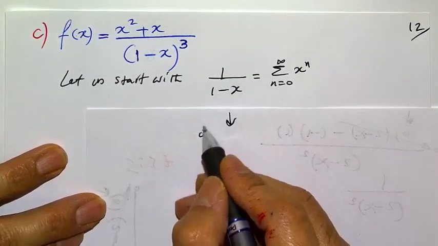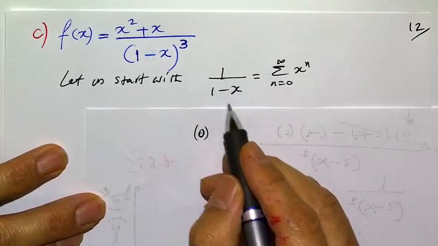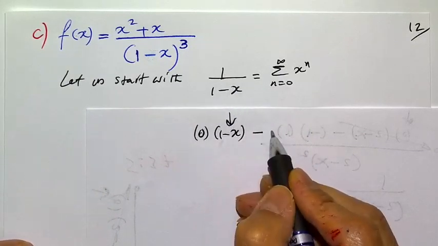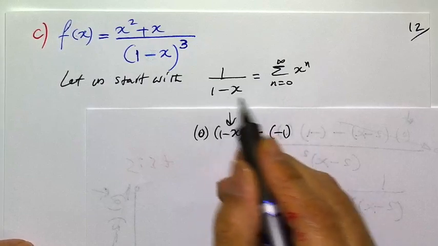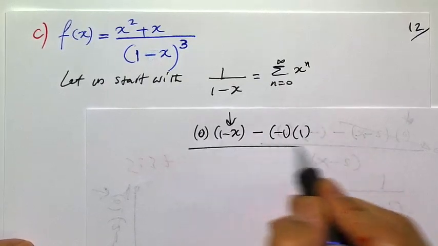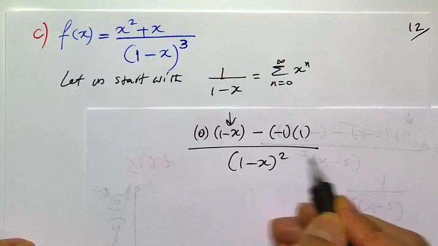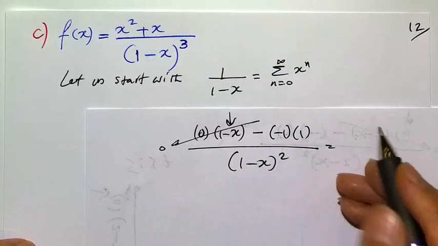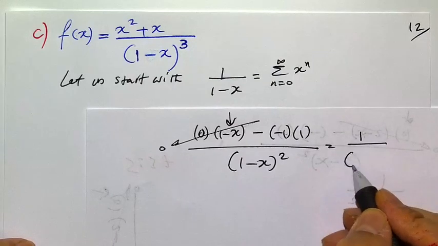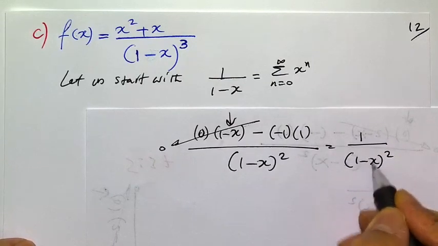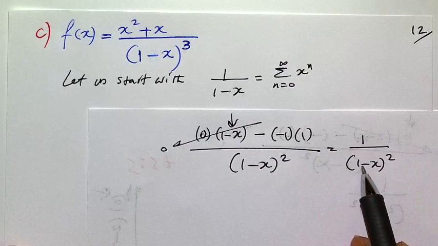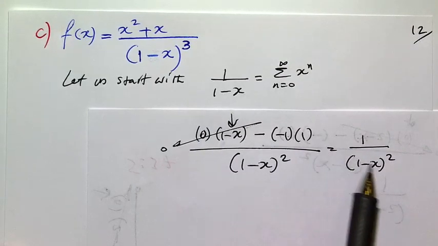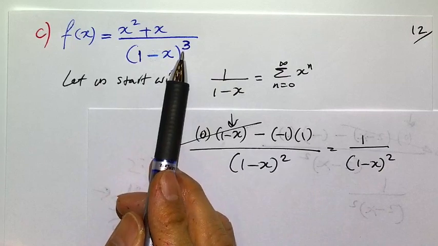We get 0, the derivative of the numerator, times 1 minus x, minus 1, which is the derivative of the denominator, times 1, divided by 1 minus x squared. So that term cancels to 0. Minus 1 is just 1 over 1 minus x squared. So this is better. We're working our way to starting with this, but then moving up to that power.